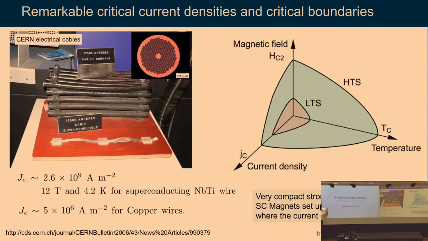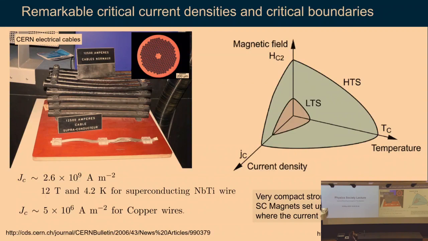But just to give you an example, a superconducting niobium thin wire, which is used to construct lots of superconducting magnets, for example, has critical currents of 10 to the 9 amps per meter square, compared with copper wires, which is more than a factor of 100. And you can see here in the picture the difference in the quantity of material, how much copper cable you will need to produce the same amount of current compared with a piece of superconductor.